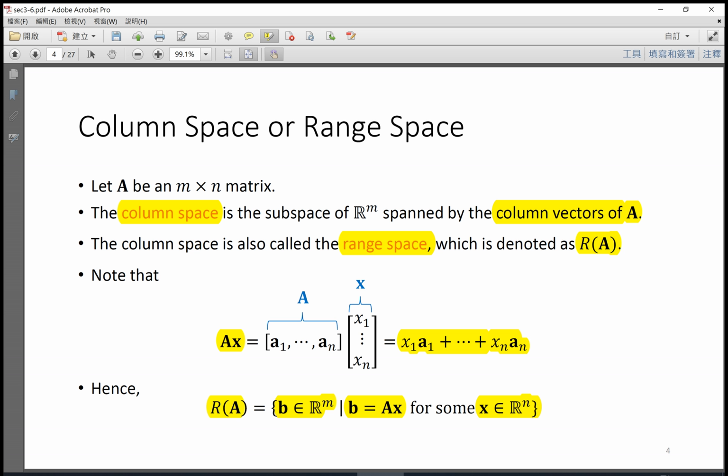We will use this definition many times when we want to prove something regarding the column space. So you need to familiarize yourself with this kind of definition. In particular, in section 5.2, we will encounter this definition many times.